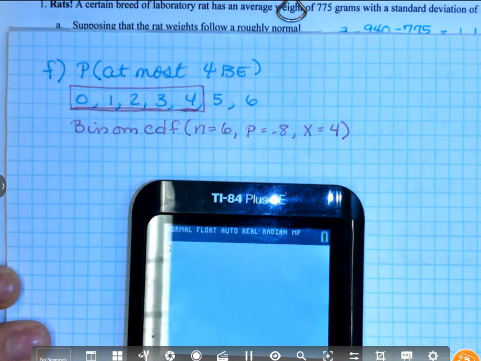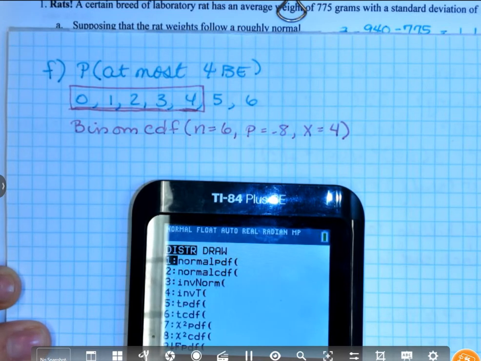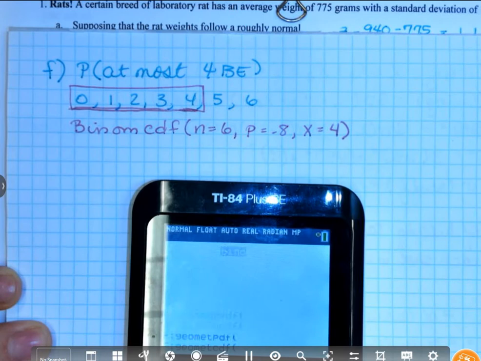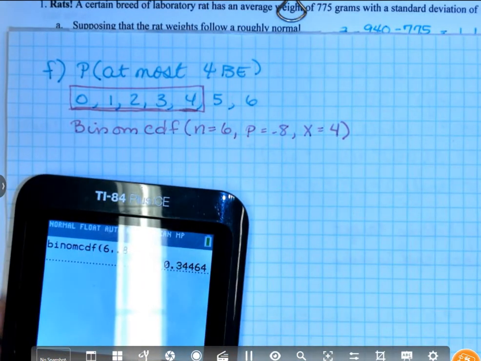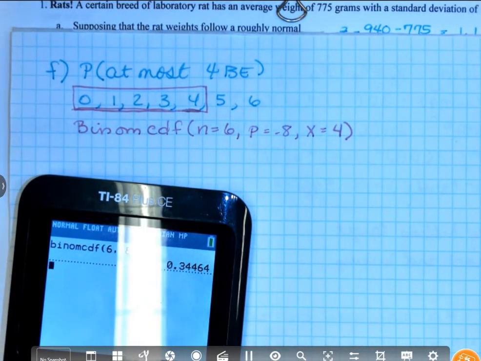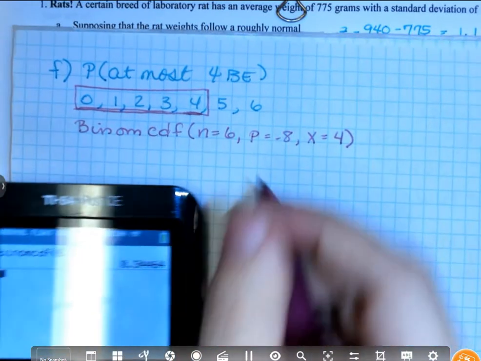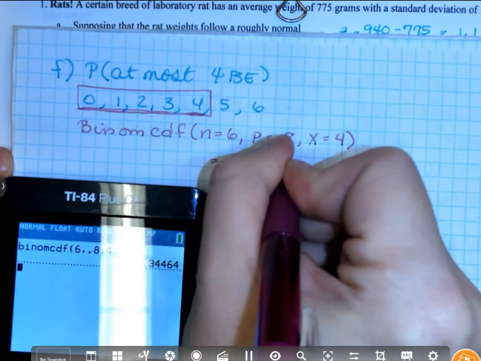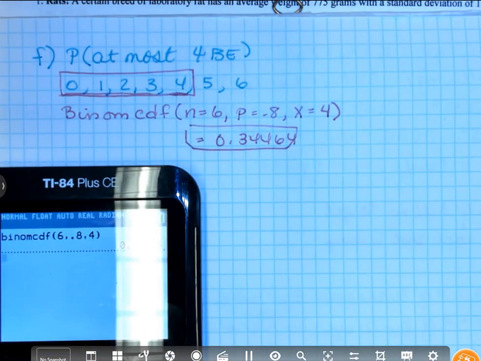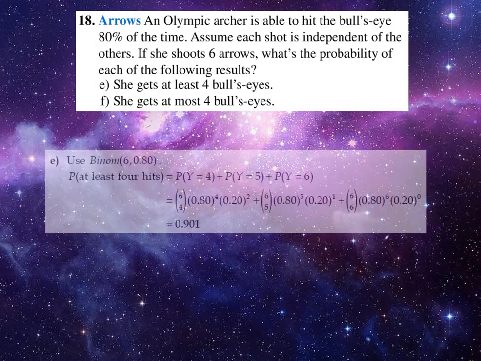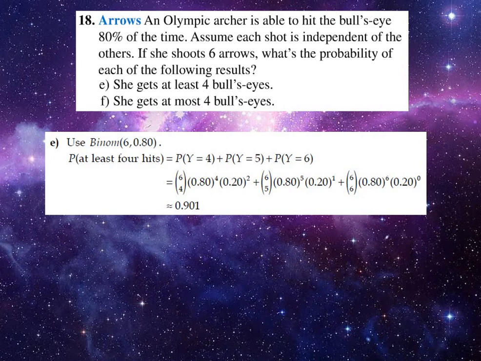So I'm going to do binomial CDF from 6 to 8, but this time I'm looking at 4. PDF is what we did when it's just one value. So you can either do the nCr, 6 over 4, and then the probabilities, or you can do just that one. The reason why we're doing it this way is because the other acceptable amount of work for E was that.